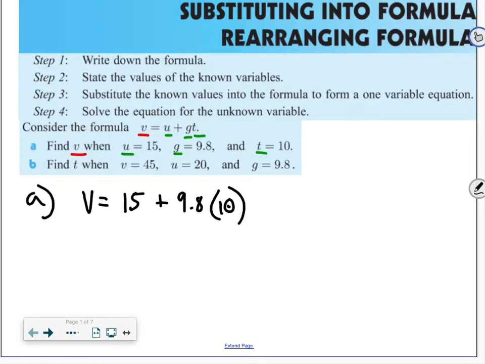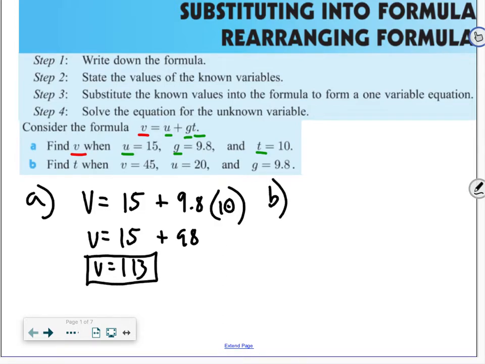Now I can evaluate this. So I have 15, 9.8 times 10 is 98, and 15 plus 98 is going to be 113.